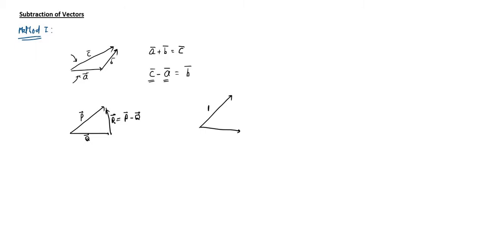If we want to subtract vector Q from vector P, the resultant of subtraction will be the other side of the triangle joining both of their heads, and we have P minus Q is equal to R, and the head of R is towards the first vector, that is, the head of R is towards the P vector. So this is the resultant vector R, which is equal to vector P minus vector Q.